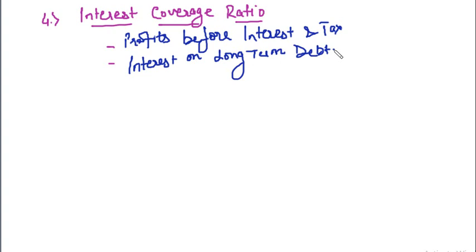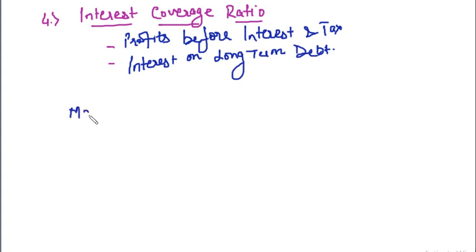So first of all, we have identified the two financial factors between which we will establish the relationship to identify the ratio. The first factor is profits before interest and tax, and the second factor is interest on long-term debt. Clear? So now we'll try to establish a relationship between these two financial factors.